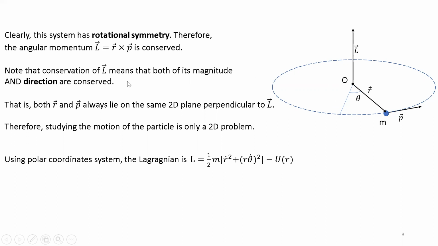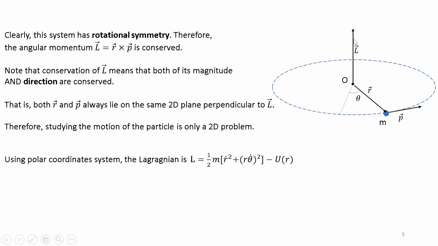What is the significance of that? If I have this R and P, then R cross P gives me a vector L, which is perpendicular to both R and P. That is the angular momentum vector.